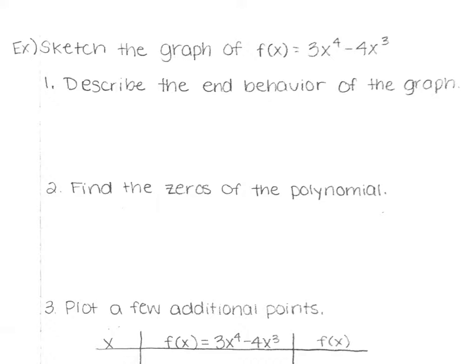Here we're going to take a look at sketching the graph of f of x equals 3x to the fourth minus 4x cubed, and we're going to do this without using a graphing utility. So no Desmos, no graphing calculator, nothing like that. First we describe the end behavior of the graph. We know our degree is even, because it's 4, and our leading coefficient is 3, which is greater than 0.